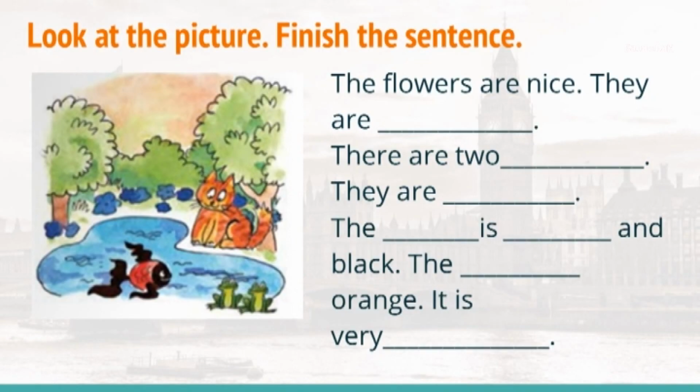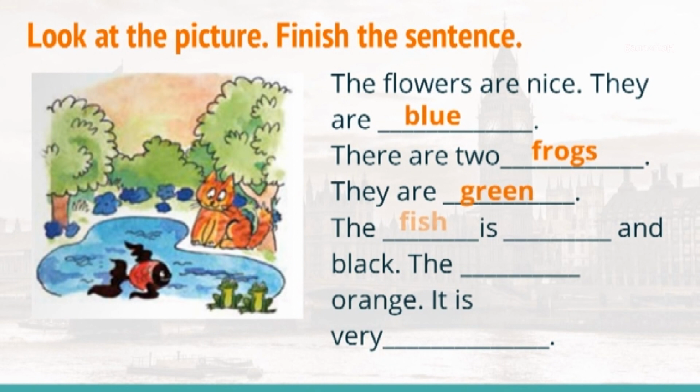Boys and girls, look at the picture. You're tasked to finish some sentences using new words. The flowers are nice. They are blue. Yes, you're right. There are two frogs.